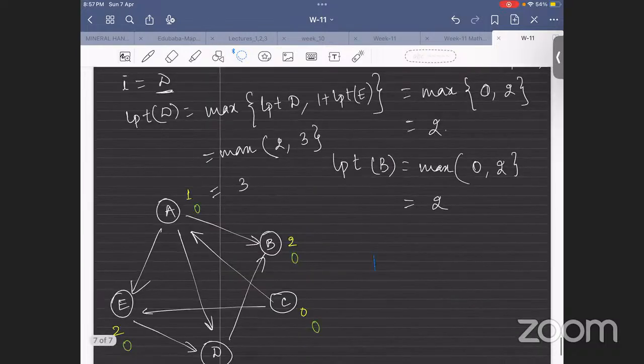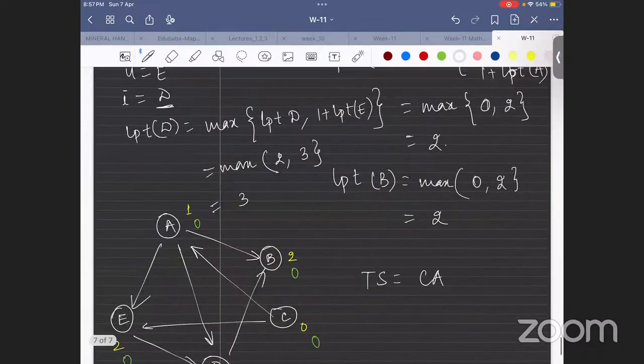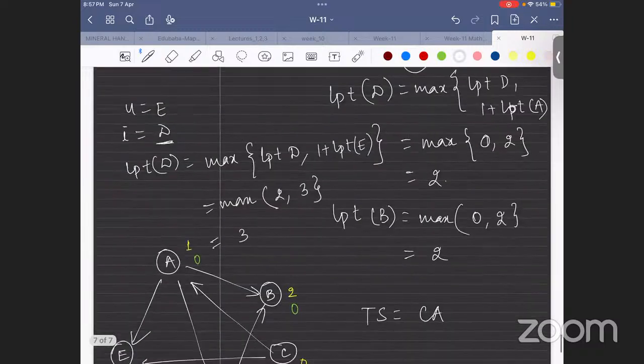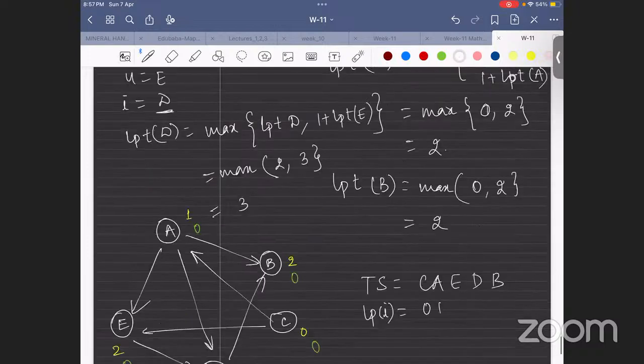This is T: C, A, E, D, B, and the longest path to each is 0, 1, 2, 3, 4.